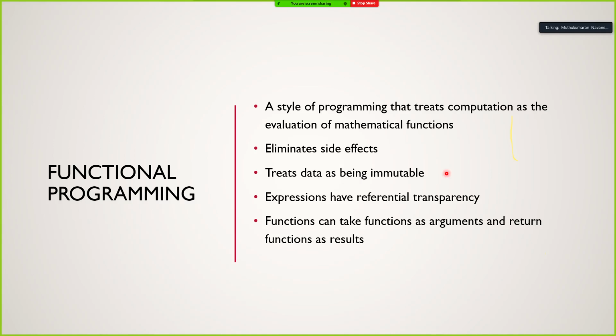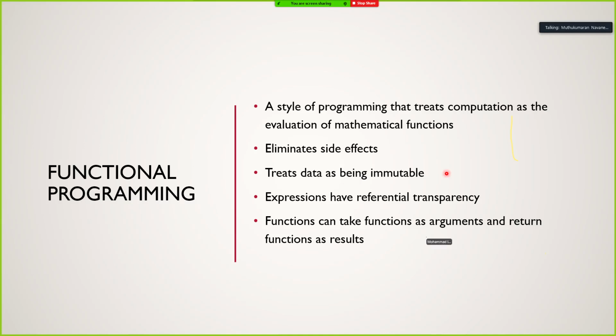It treats data as immutable, which means I'm not updating any variable. I can declare a variable, but I cannot update it. Expressions have referential transparency. The lambda things are the functions you are going to write, and they need to be transparent so they specify what they are actually doing.